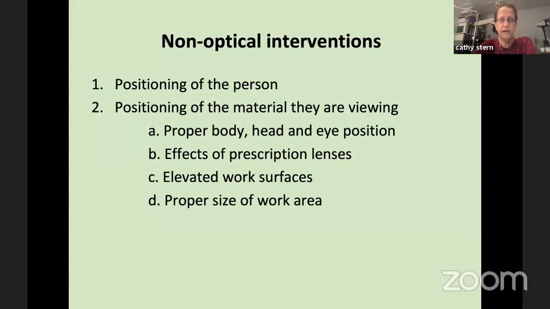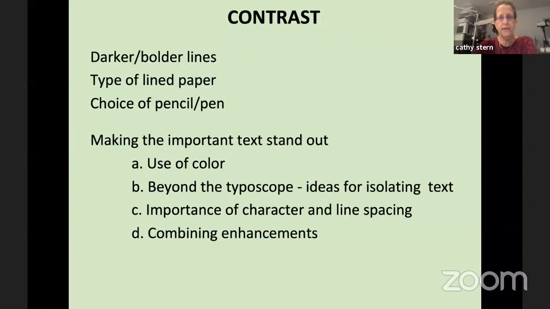So when I have a child or an adult that has issues with their posture or balance, I make sure their feet are well supported, that they're in a chair that supports them well, that the material they're looking at is propped up at an angle so they can see it more easily. If they have head control issues, then I work with that. And so all of those things go a long way toward helping the person.